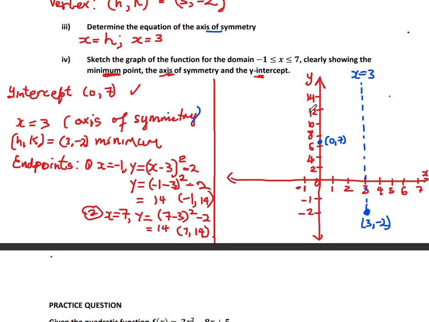So I'm going to plot here (-1, 14). This is going to be an endpoint, which means that is as far as the curve is going to go on that side. And on the other side, we have (7, 14). So I'm going to go here, 7 up to 14.